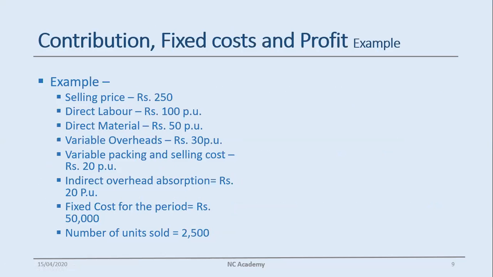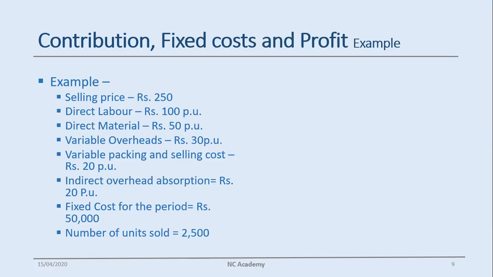Let's see how profit can be calculated with this information. As I mentioned, contribution is before deducting fixed cost. So if you deduct fixed cost from your contribution, what you end up with is your profit.